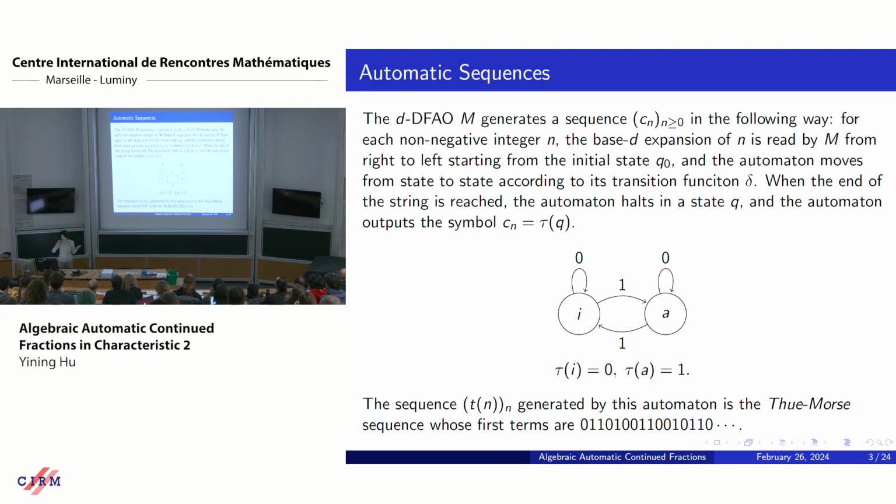To get the nth term of the sequence, because this is the 2-automaton, we write n in base 2 and then we feed the digits of n, or rather the bits of n in base 2, to the automaton, and finally what we get is the nth term of the sequence.